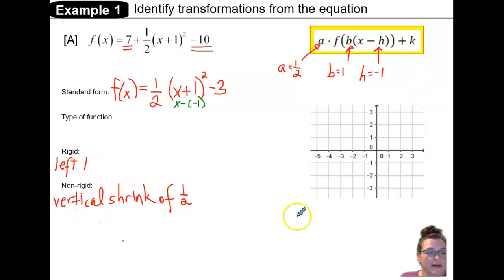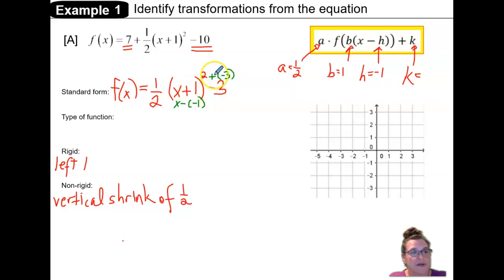Okay, then comes my k, and k is equal to, and this is plus k. When I look at my standard form over here, that's the same as plus negative 3, right? A positive and a negative is a negative.